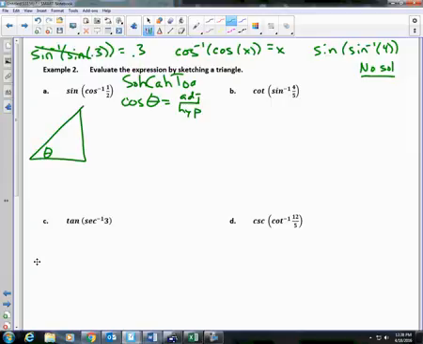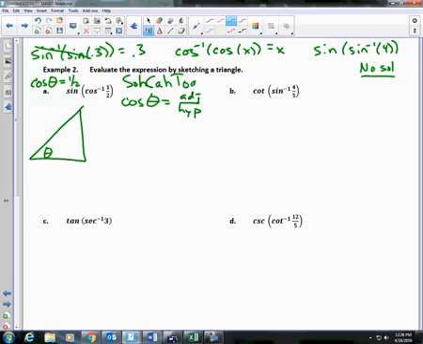So, this says cosine inverse of 1 over 2. What that means is this. Cosine of theta is equal to 1 over 2. Does everybody agree? If you're asking cosine inverse of 1/2, that means what angle would you take the cosine of to get 1/2?